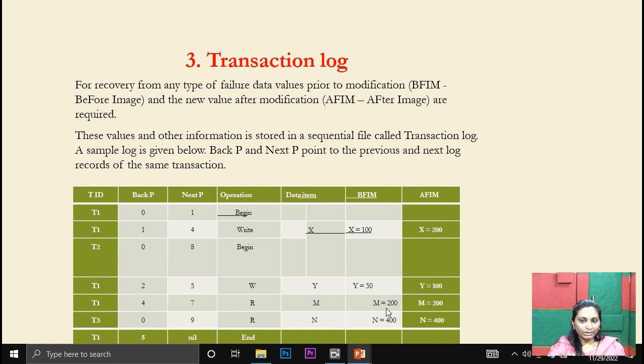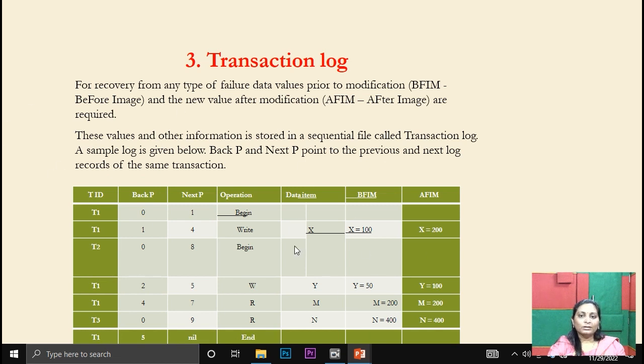Then again the value of m, which is 200, is written to the database as m equal to 200. Now transaction T3 reads n, and n has the value 400, which is written to the database, that is 400. After that transaction T1 ends.